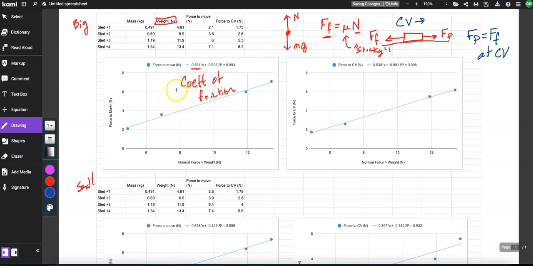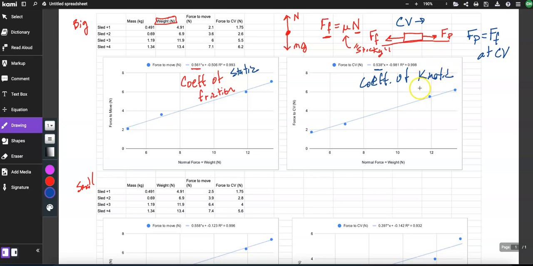This one over here is the coefficient of static friction, and our slope right here would be the coefficient of kinetic friction.